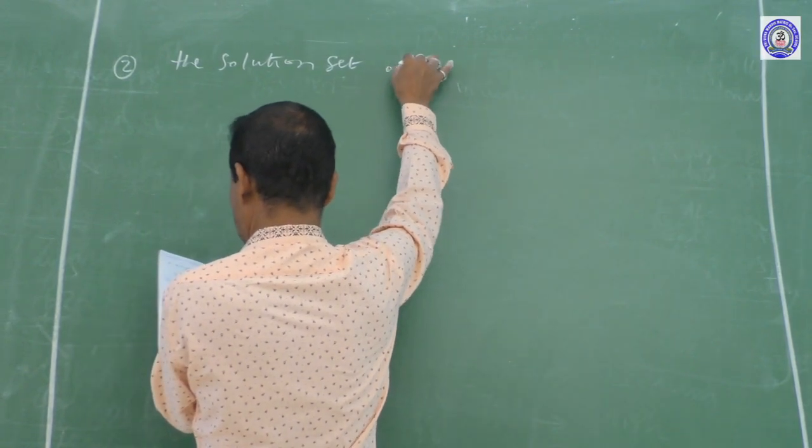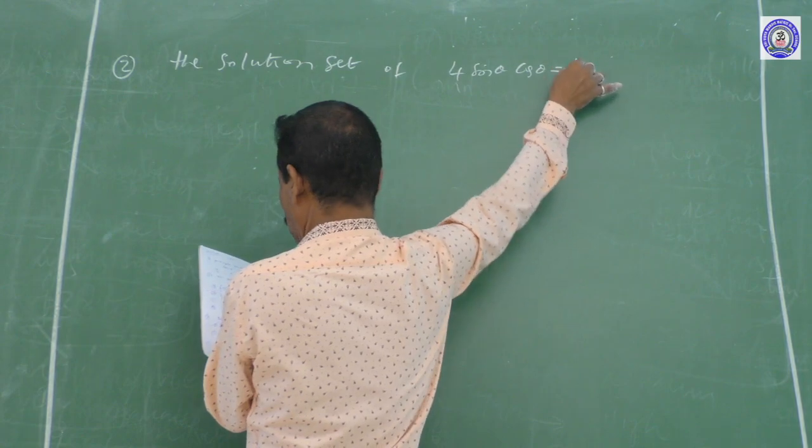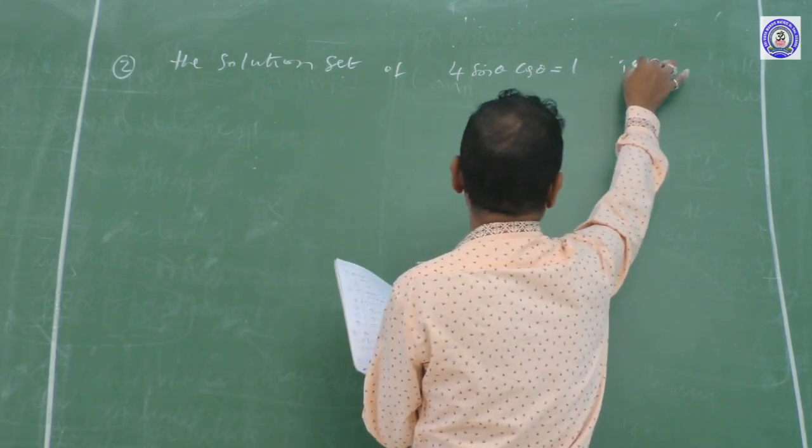Question 2. The solution set of 4 sin theta cos theta is equal to 1 is.